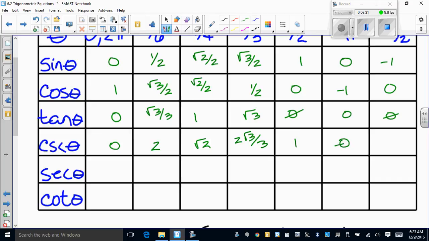Secant is reciprocal of cosine, so 1, 2, radical 3 over 3, radical 2, 2, 0, undefined, negative 1, undefined. And then cotangent is reciprocal of tangent, undefined, radical 3, 1, radical 3 over 3, undefined will go to 0, undefined, and 0.